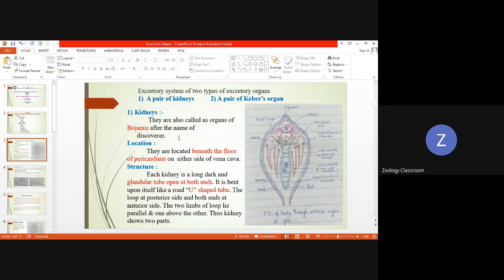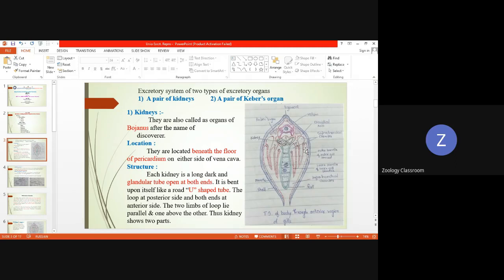So where is the location? This is the diagram which we came across while studying the respiratory system. This is the sectional view of the bivalve. This is the dorsal side, this is the anterior side, and this is the right and left side. This is the location of the foot, which divides the entire mantle cavity into two. In the mantle cavity, the major part is occupied by the gills or ctenidia, which are W-shaped.